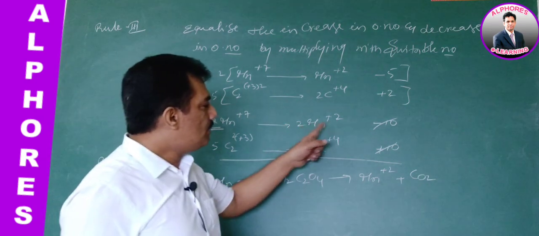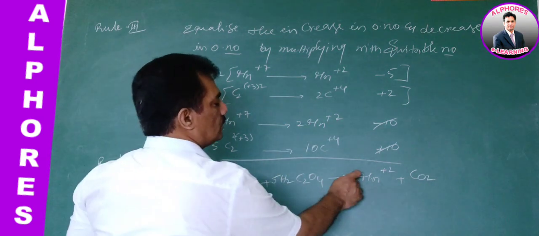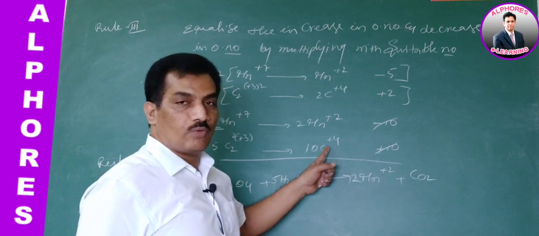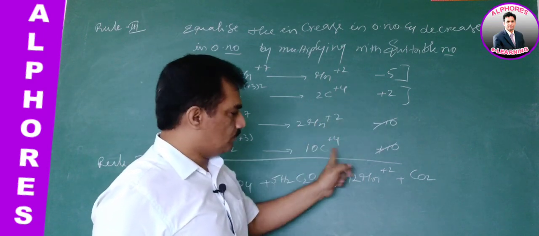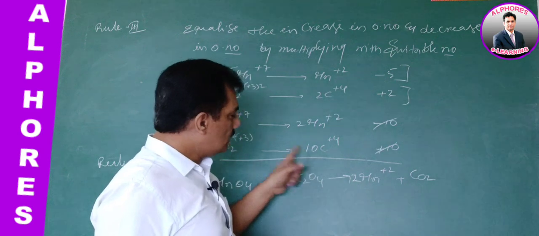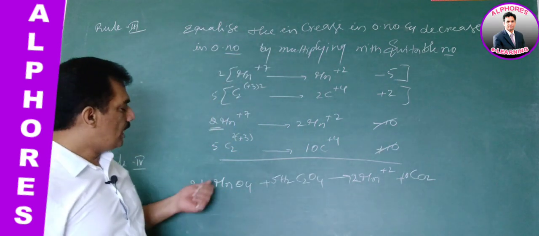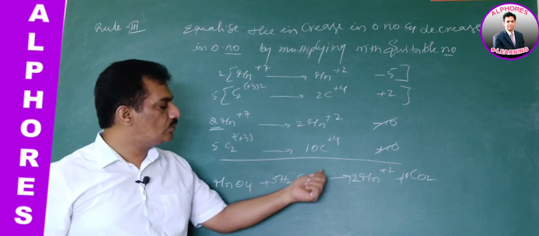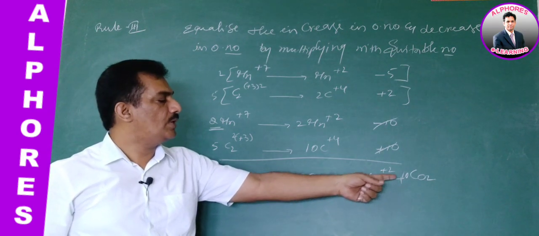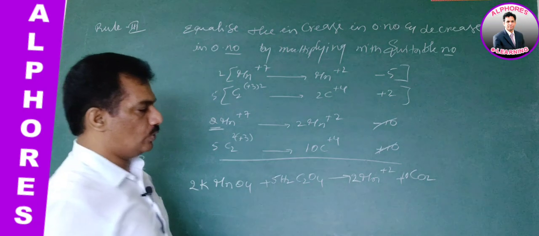And then Mn plus 2 is taking 2. And C plus 4, where is C plus 4? In CO2. Is it not? So before that we have to write 10. So now 2KMnO4 plus 5H2C2O4 giving 2Mn plus 2 plus 10CO2.